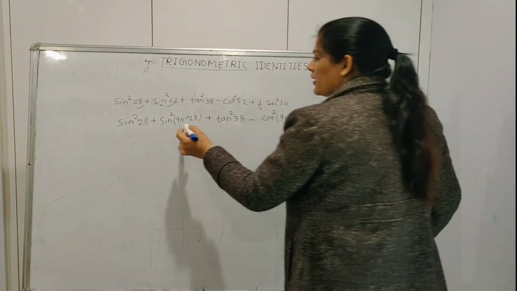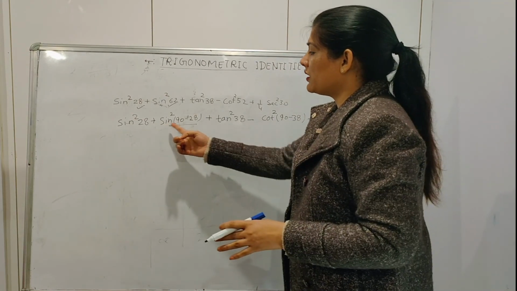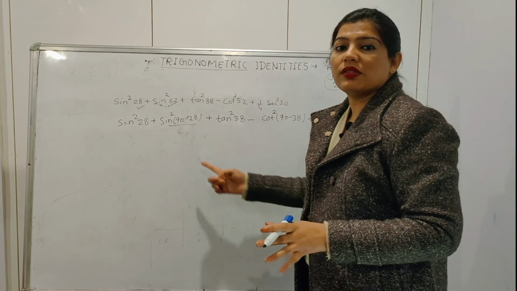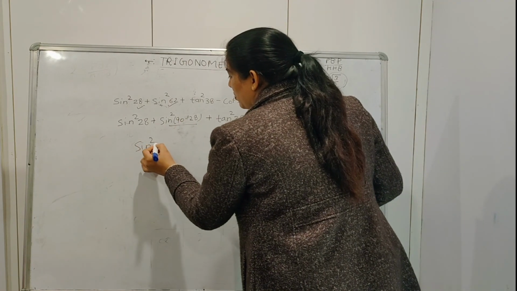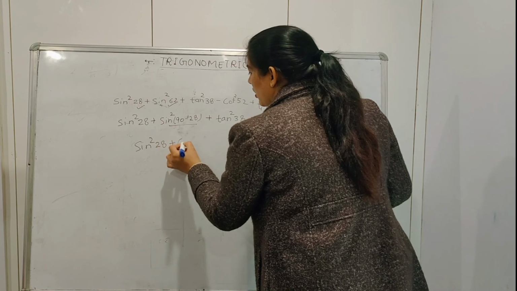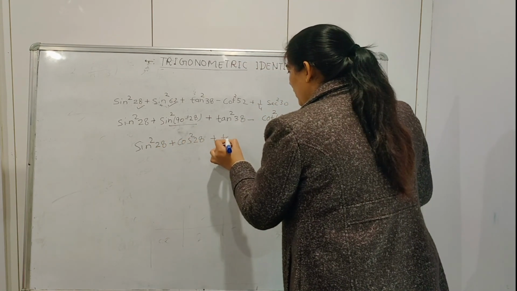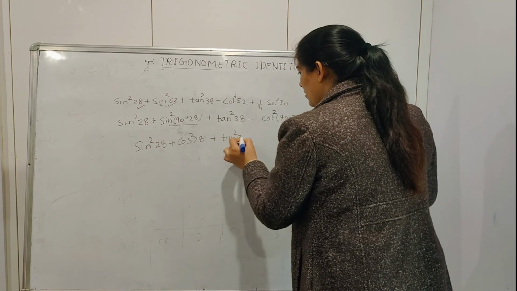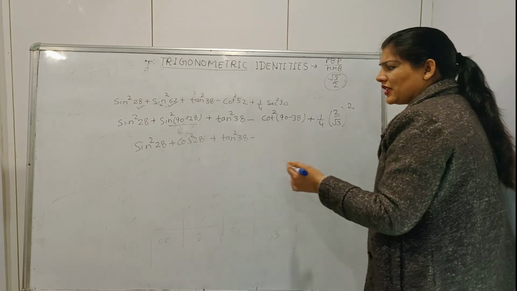So here, sin 90 minus theta, remember what it gives you. Sin 90 minus theta is equal to cos theta. So this is equal to sin square 28 plus cos square 28 plus tan square 38 minus cot 90 minus theta, which is equal to tan theta.